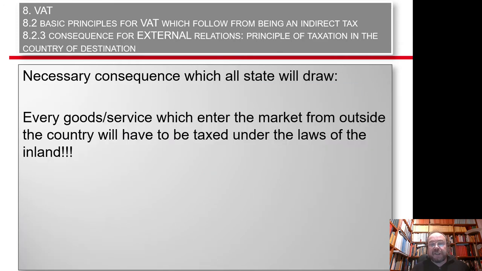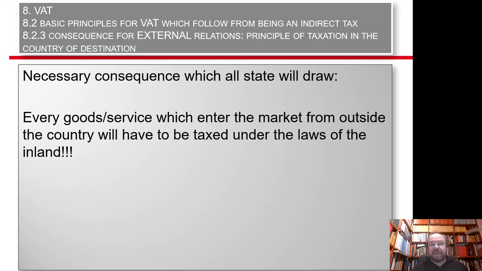You must make sure that everything coming from outside to your country will be charged with at least your VAT rate, and the simple way to achieve that is this: everything which comes from the outside world to your country will be taxed under your own VAT law.